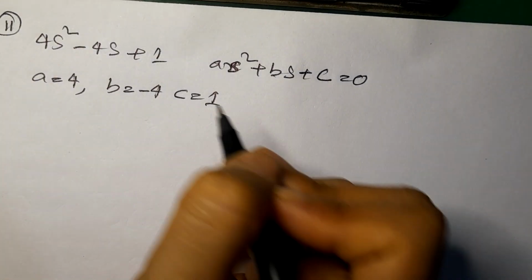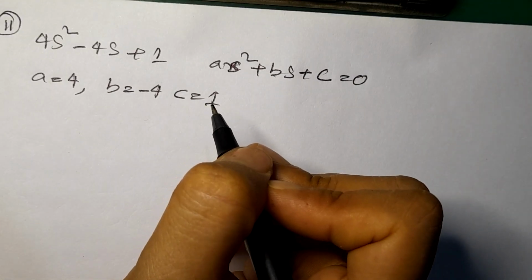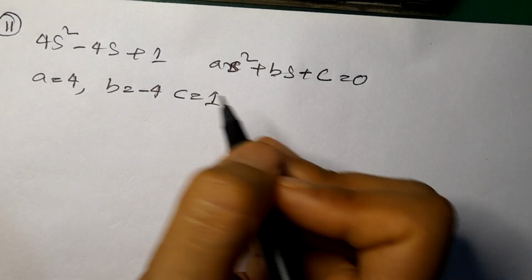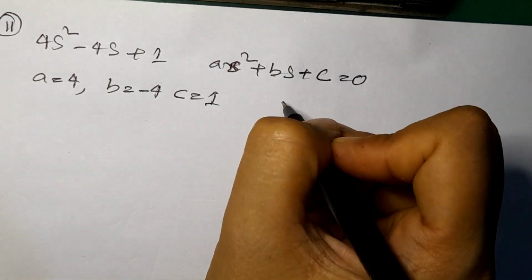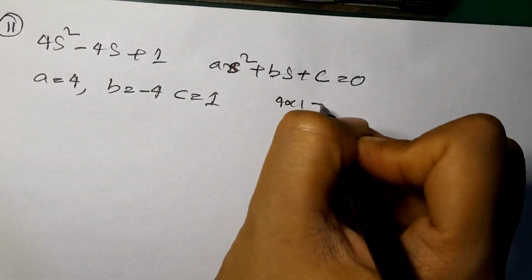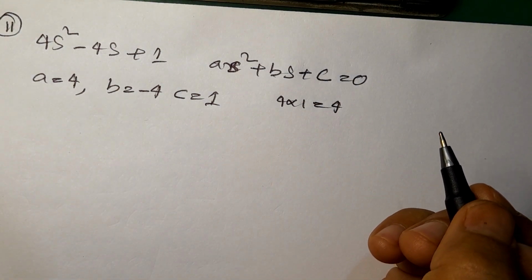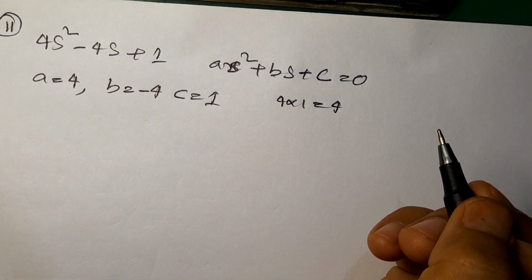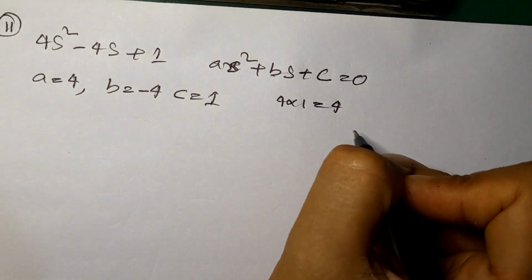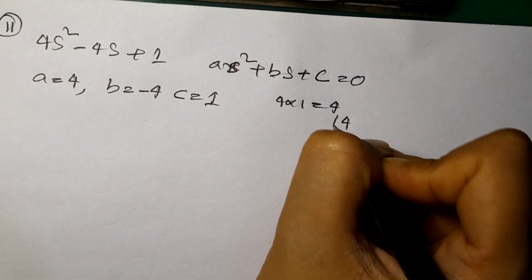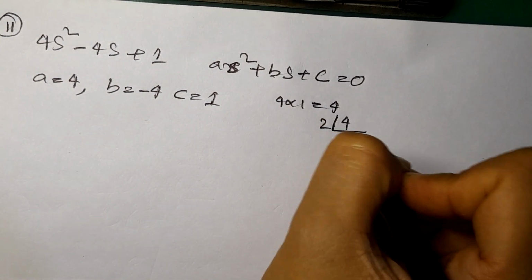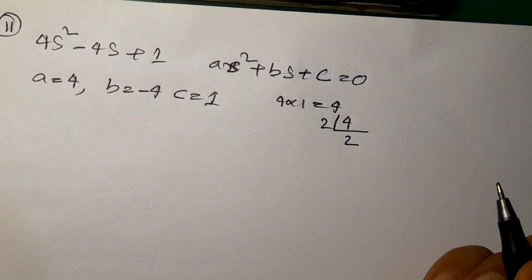Now we are going to solve by the middle term. First multiply a and c. So how much? 4 into 1, that is 4. Do the prime factorization, dividing by the prime number 2. 2 twos are 4. How much do we need?